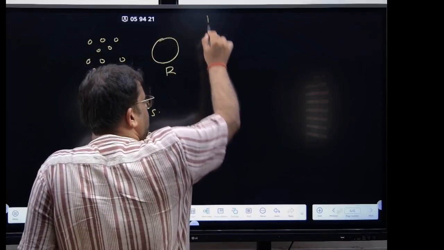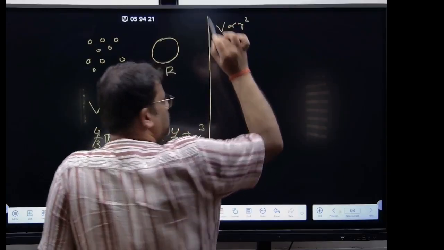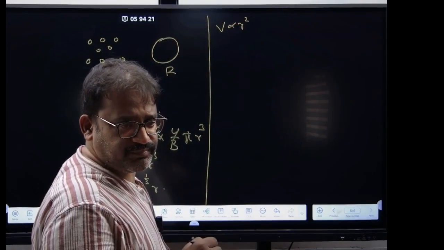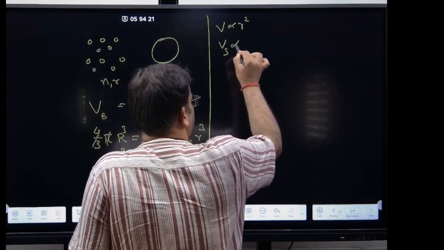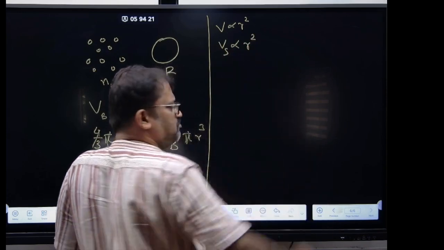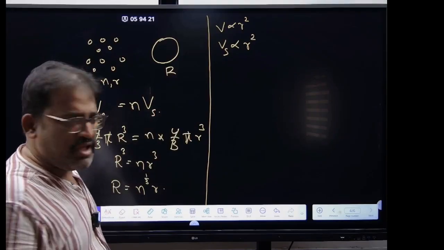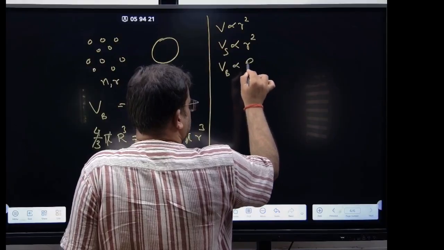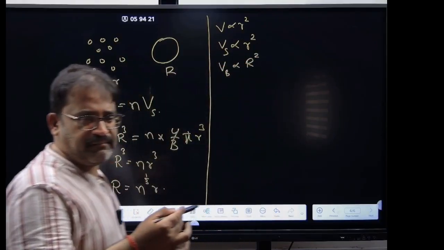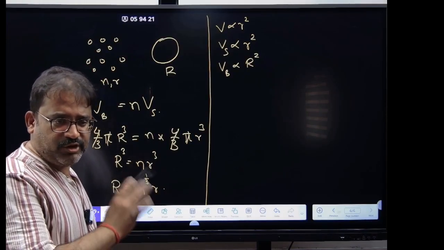Now, what is velocity proportional to? Velocity is proportional to r square. The velocity of the smaller drop is proportional to small r square, and the velocity of the bigger drop is proportional to capital R square. Is it clear to all of you?